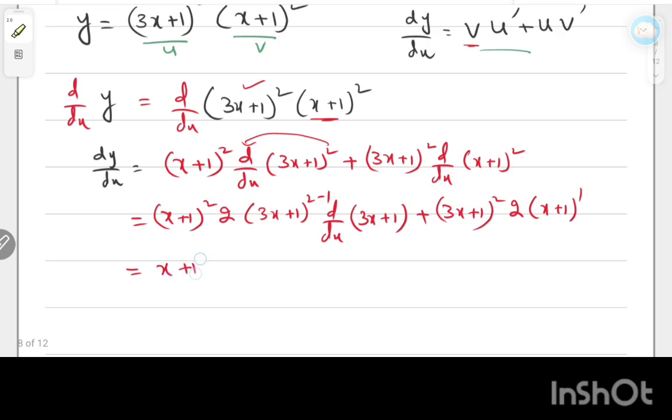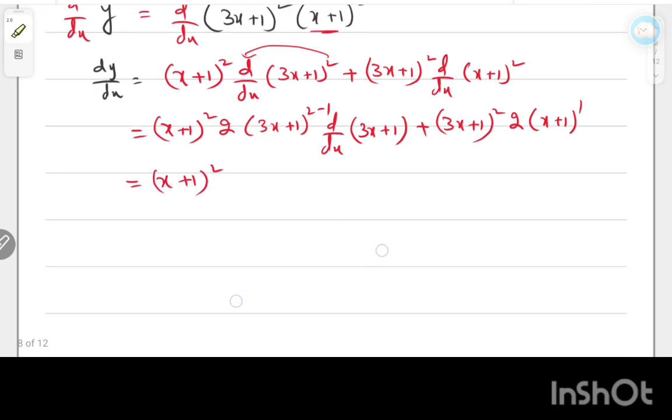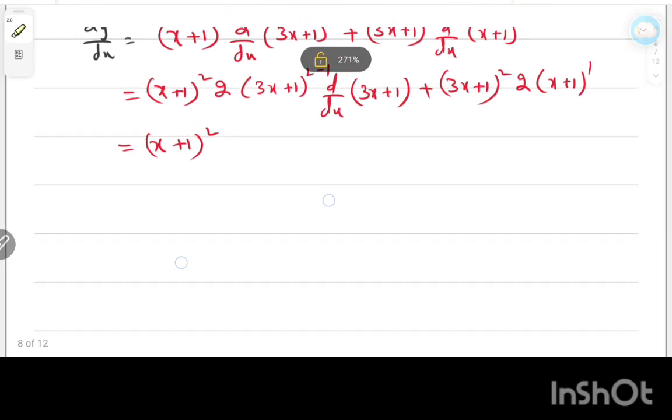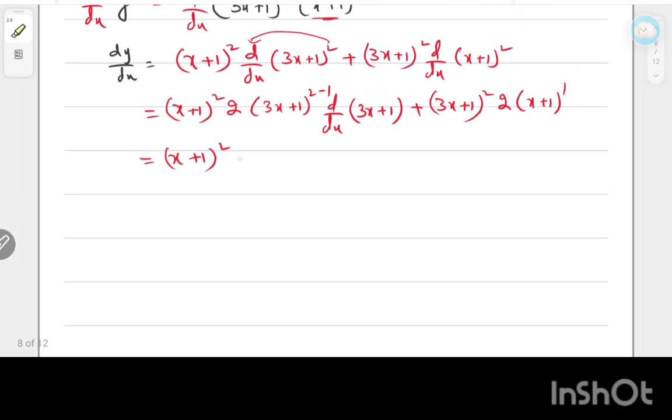Next, for (x plus 1) square, we get 2 times (3x plus 1), power 2 minus 1, the answer is 1. If we take the derivative of 3x it will be 3, and the derivative of the constant will be 0, plus (3x plus 1) square, whose derivative is 2 times (x plus 1).